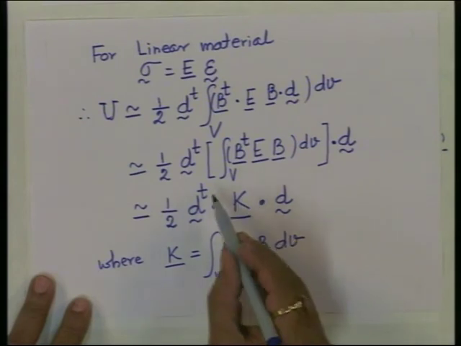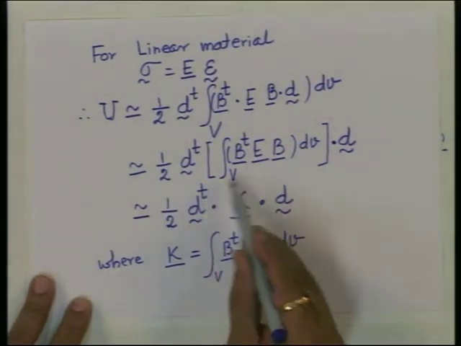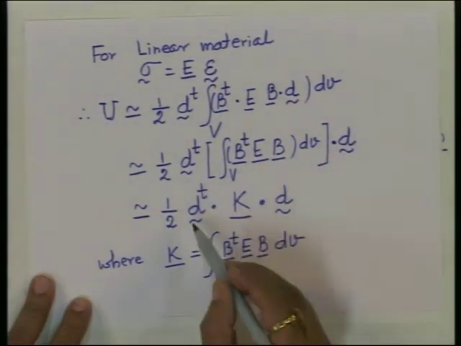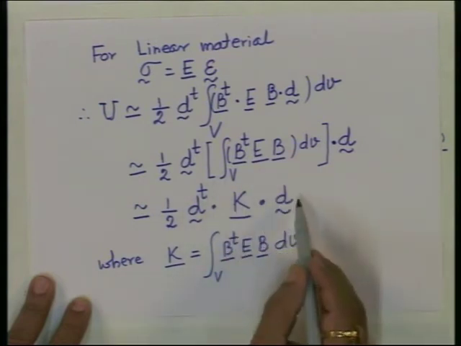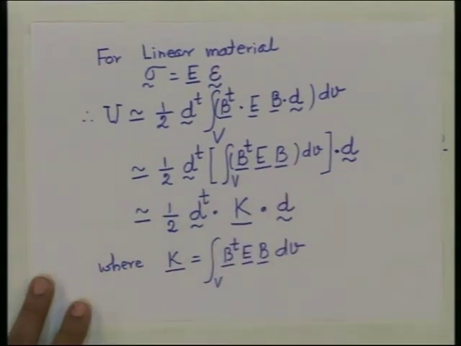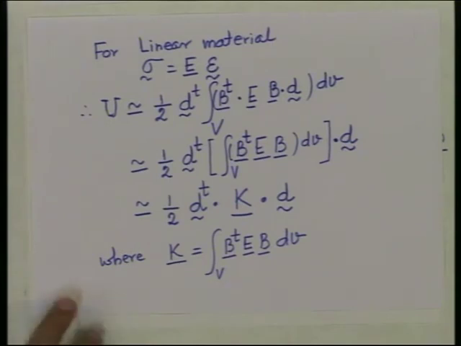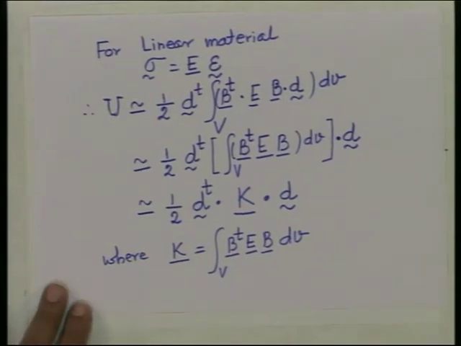It is a quadratic form, energy is quadratic because D and D transpose will give you D square, it will always be quadratic. So, strain energy is quadratic in displacement, not linear, it is quadratic in nodal displacement.